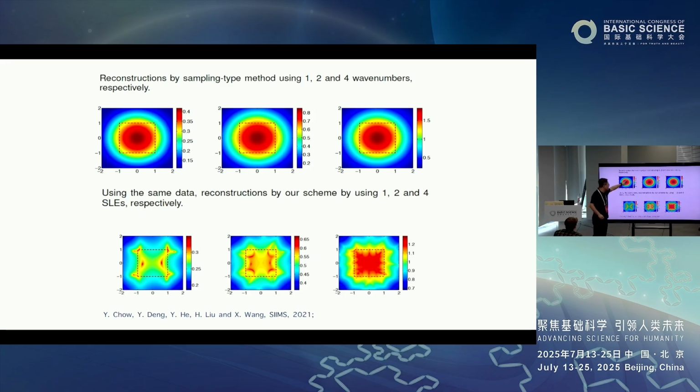It's too small, you cannot see. And here I used almost 30,000 wave data, and what you can get is only those red spots, no resolution.